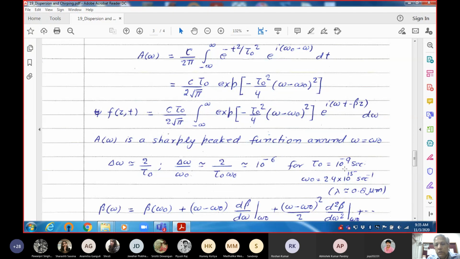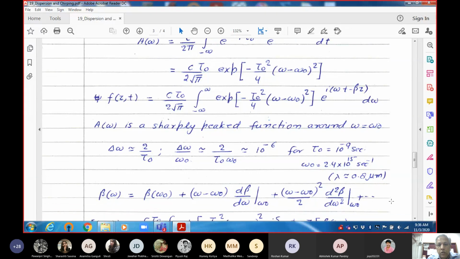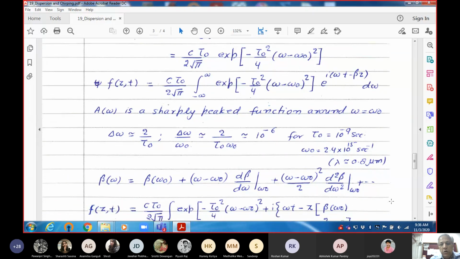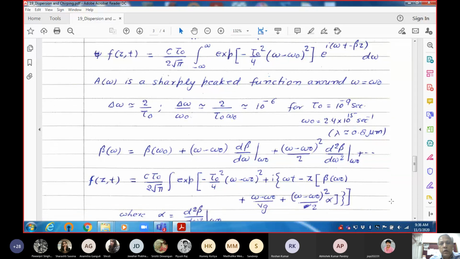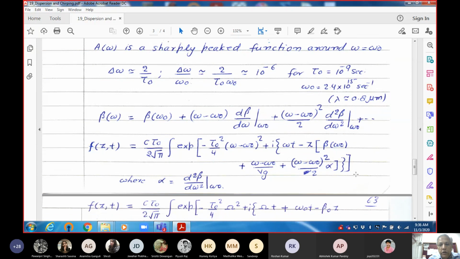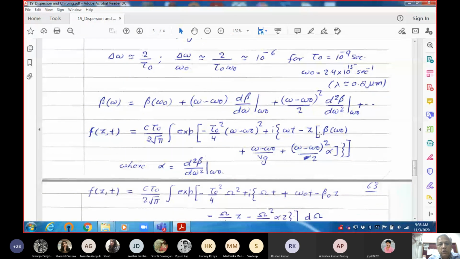I have considered an initial pulse width of 1 nanosecond, and for lambda equal to 0.8 micron, the frequency comes out to be 2.4 times 10 to the power 15. So delta omega is an extremely small quantity with respect to omega. In order to get an analytical result, I can make a very good approximation: I make a binomial expansion of beta of omega around the carrier frequency, and retain terms up to the second order, d square beta by d omega square. And if you substitute here, I have given these various steps.